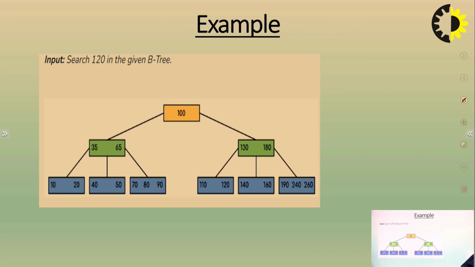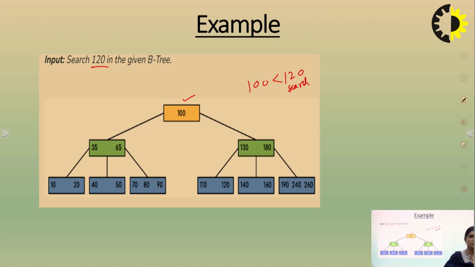Now see one more example. Suppose you have to search 120 in this tree. First of all, we will start from the root node for the searching operation. You can see that this root node is less than the searching element. Your searching element is 120.